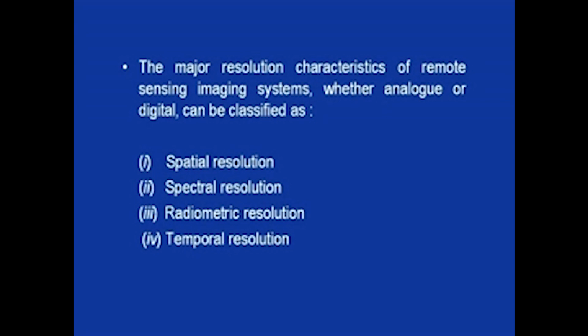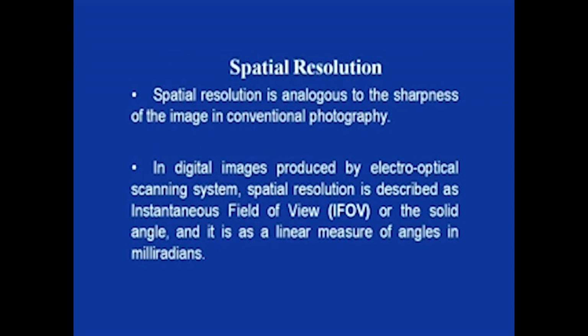First is spatial resolution. Spatial resolution is analogous to the sharpness of the image in conventional photography. In digital images produced by electro-optical scanning systems, spatial resolution is described as the instantaneous field of view or the solid angle, and it is a linear measure of angles in milliradians.